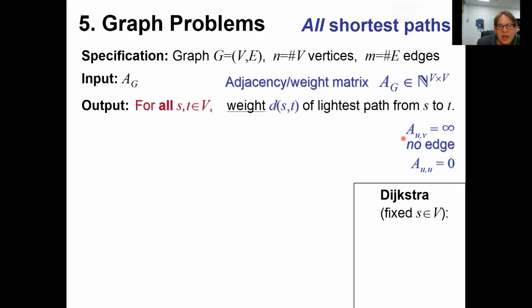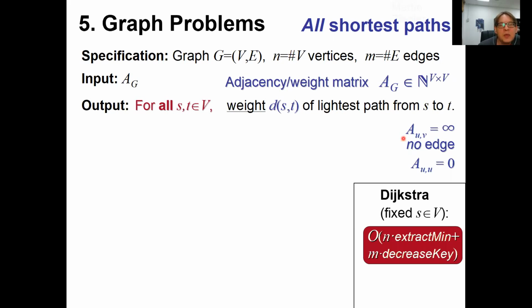So let's analyze that. Dijkstra's algorithm considers the start vertex fixed and deals with all possible target vertices T. So in order to additionally cover all possible start vertices S, we can repeatedly run Dijkstra's algorithm for every possible start vertex S. Since one execution of Dijkstra's algorithm has this computational cost, running it repeatedly means multiplying that cost by an additional factor of n, right?